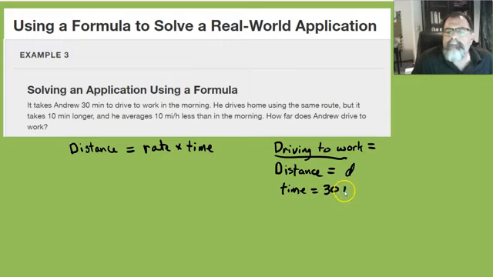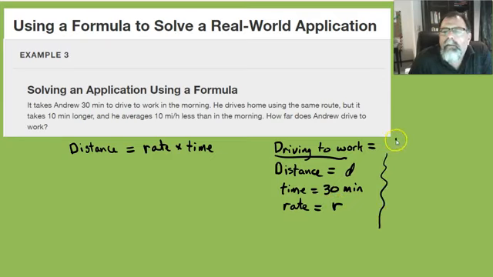Now we've got to be careful about our units, because this is in miles per hour, so we're going to have to convert this to hours. And his rate, he drives home using the same route, takes him 10 minutes longer. His rate, we'll just call it R for right now.